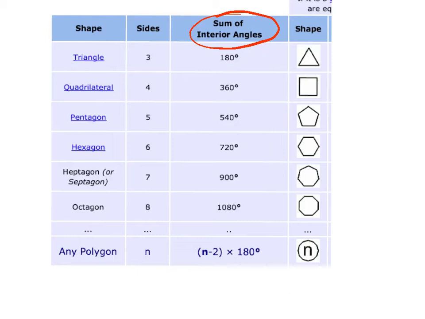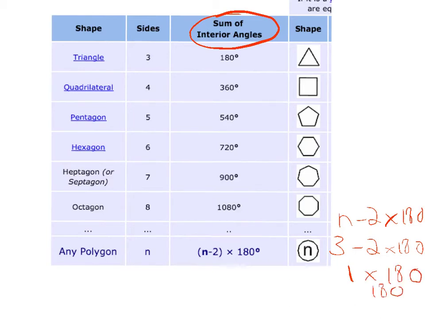And there's a general formula we can apply in case we can't remember that. The general formula is: the number of sides minus 2, times 180. We're not going to need to worry too much about that, but it's a general formula that we use. For instance, if we didn't know the sum of the angles of a triangle, we would go n minus 2 times 180. n is how many sides, so 3. 3 minus 2 is 1, times 180.